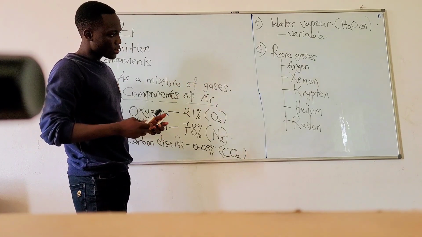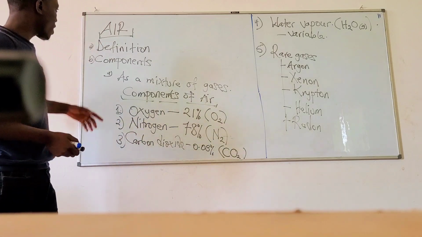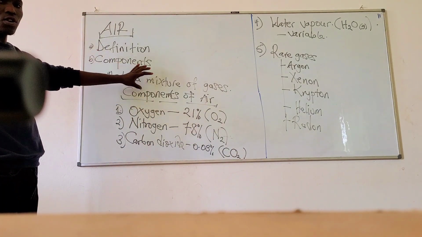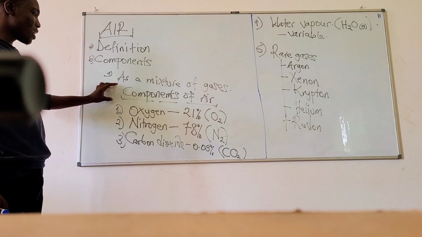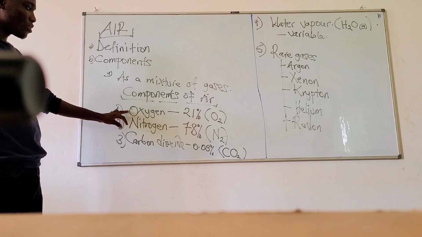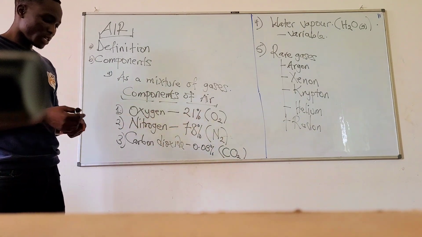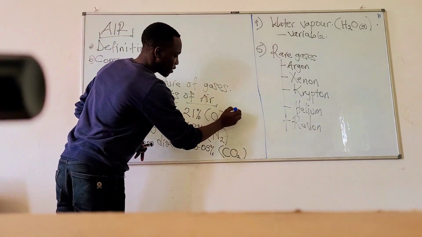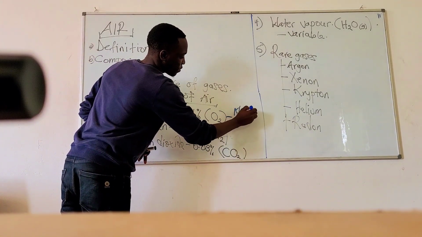Now, in summary, we have air. We're defining it as a mixture of gases. These gases include oxygen, which takes around 21%, and this is the most active component of air.